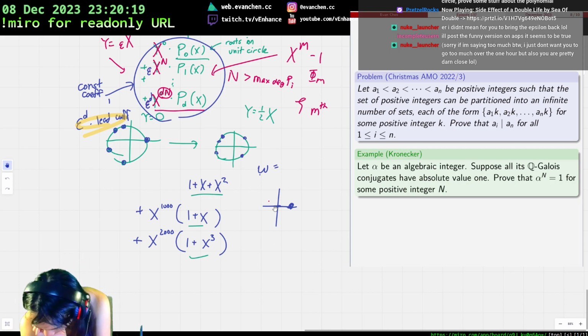Okay, so I'm being told do this, but don't try number theory. Just use analysis. In which case, what do I do?